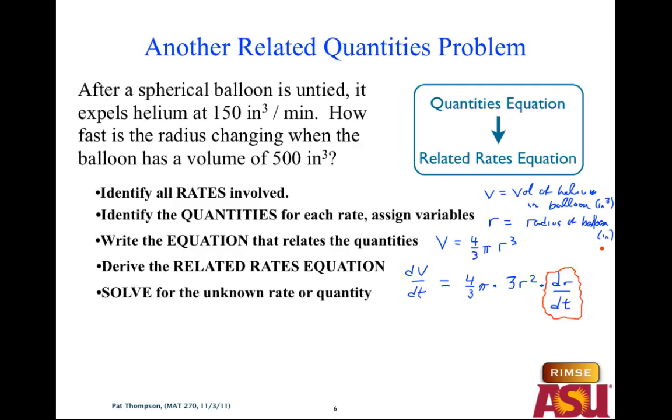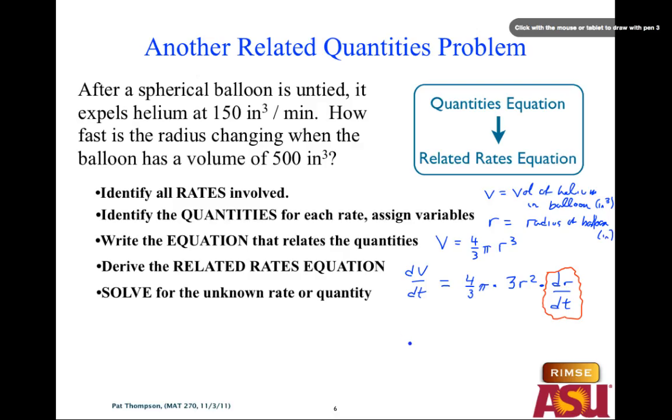So if we're going to solve for that one, we need to somehow know everything else in the equation, either given or we'll have to figure it out. And then we can solve for dr/dt. Okay, so let's go to the first thing, dV/dt. Do we know it? It's 150, right? Is it 150?